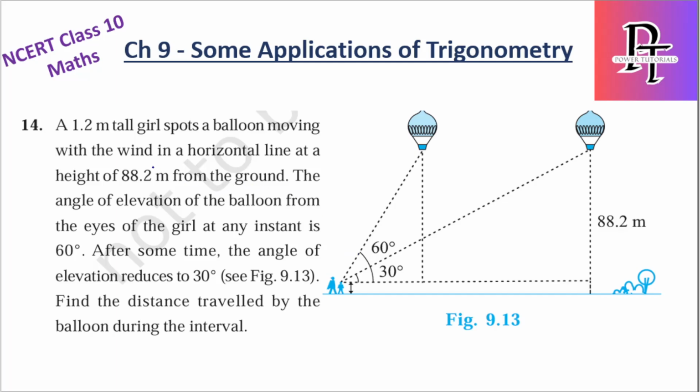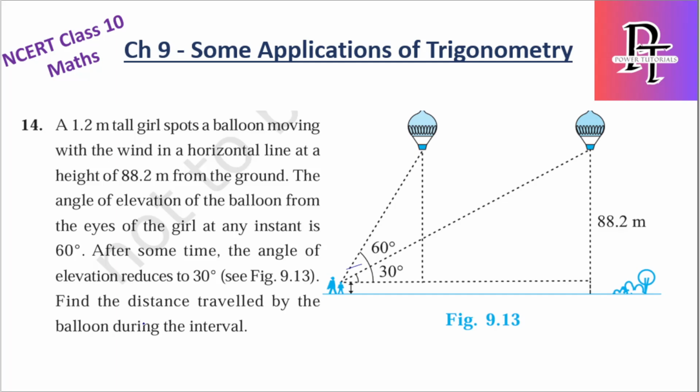In the 14th question, a 1.2 meter tall girl spots a balloon moving with the wind in a horizontal line at a height of 88.2 meters above the ground. The angle of elevation to the balloon from her eye at an instant is 60, but after some time it becomes 30 degrees because the distance is increasing.